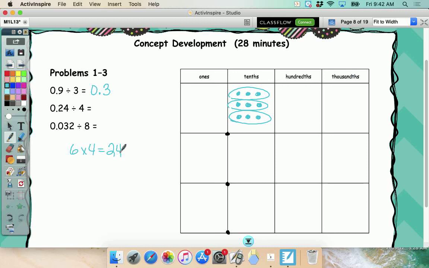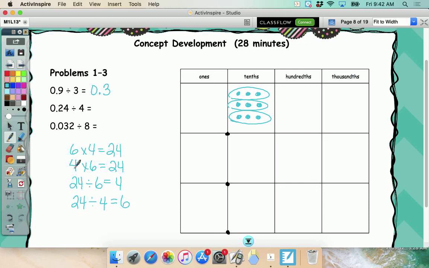What else goes in this fact family? 4 times 6 equals 24. 24 divided by 6 equals 4. 24 divided by 4 equals 6. Okay, so you're so good at this, you automatically recognize the missing number in the fact family, and you know the answer is already going to be 6, okay?